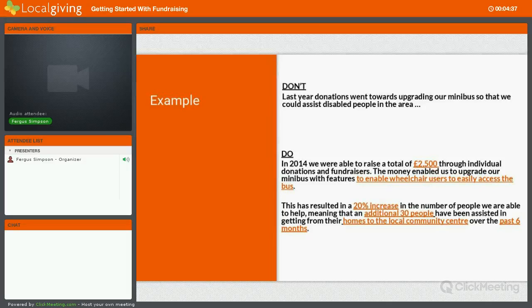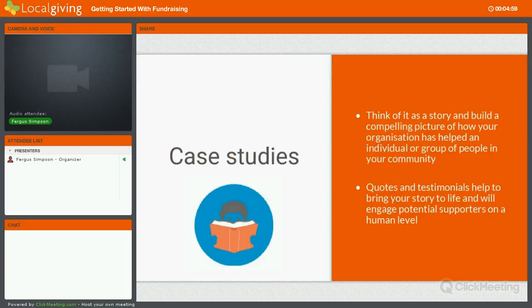Then go on to say, this resulted in a 20% increase in the number of people we were able to carry, meaning that an additional 30 people have been assisted in getting from their homes to the local community centre over the past 6 months. Now that creates a really clear picture for how many beneficiaries the organisation have been able to help, and will make it much more appealing for people wanting to give donations.